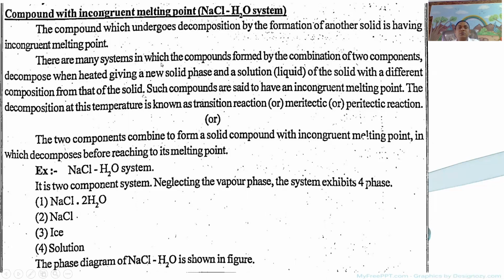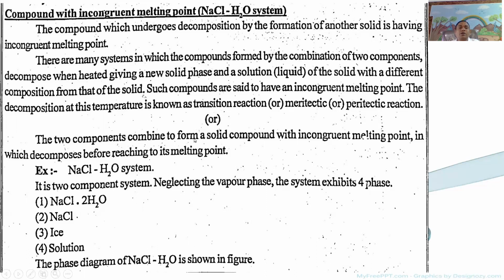There are many systems in which the compounds formed by the combination of two components decompose when heated, giving a new solid phase and a solution liquid with a different composition from that of the solid. Such compounds are said to have an incongruent melting point. The decomposition at this temperature is known as transition reaction or meritectic or peritectic reaction.